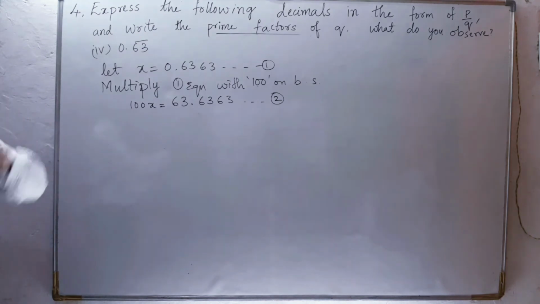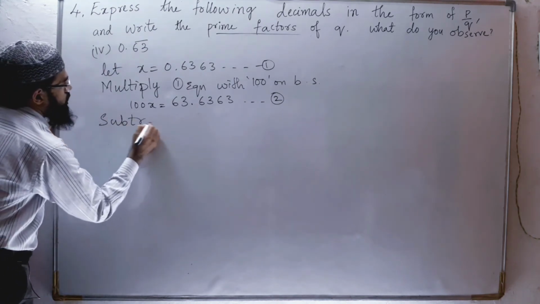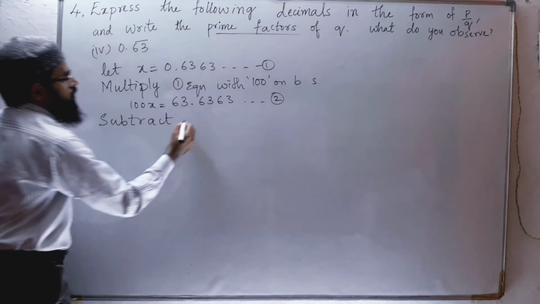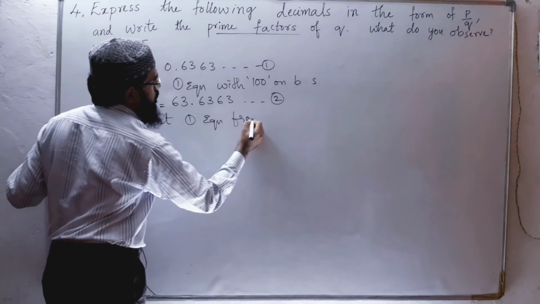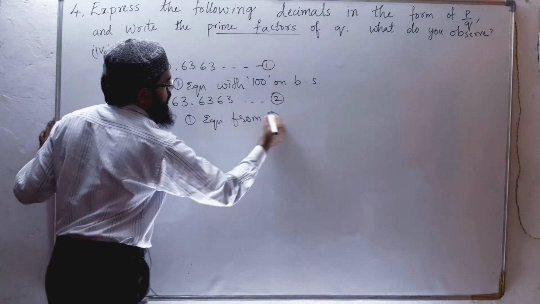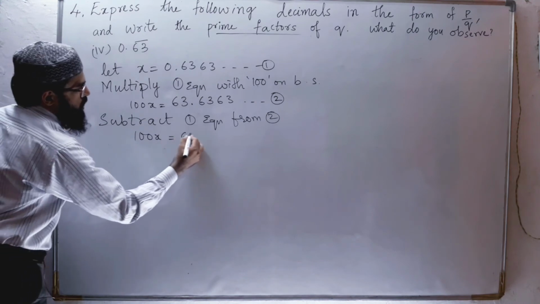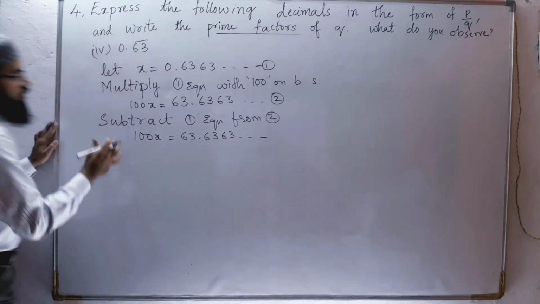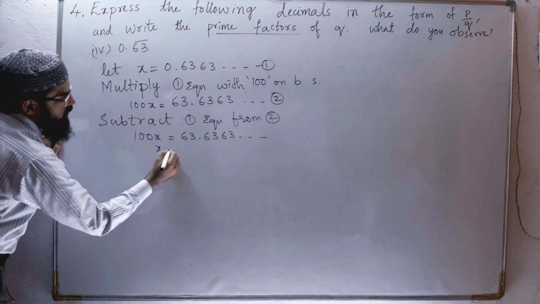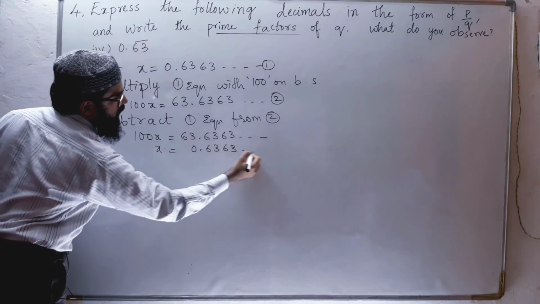Now we will subtract the first equation from the second. So 100x equals 63.6363 and so on, and x equals 0.6363 and so on.